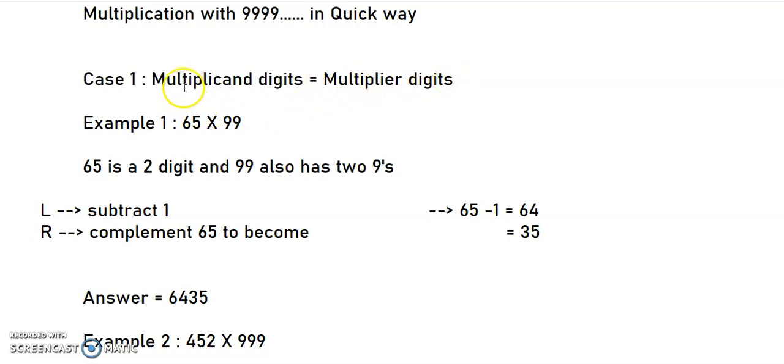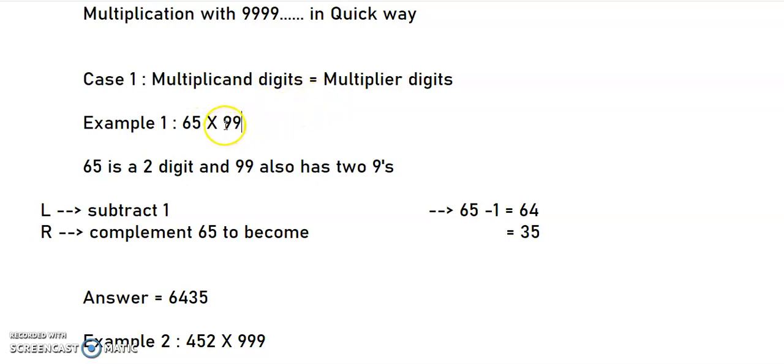For the first case, this is the multiplicand digits and this is the multiplier digits, and these two are equal. In the second case, multiplicand digits are less than multiplier digits.